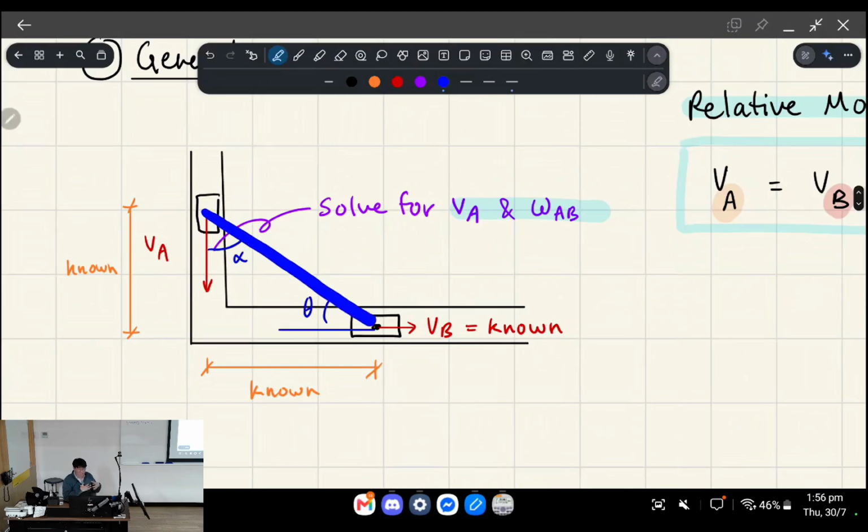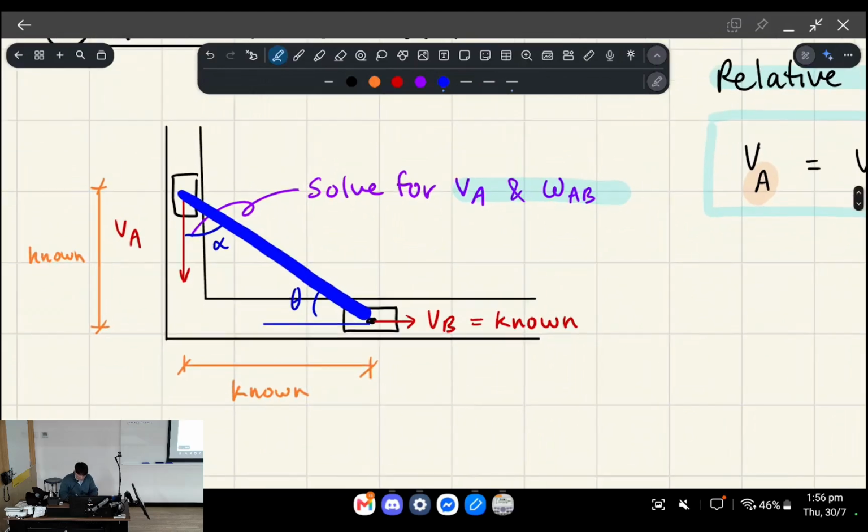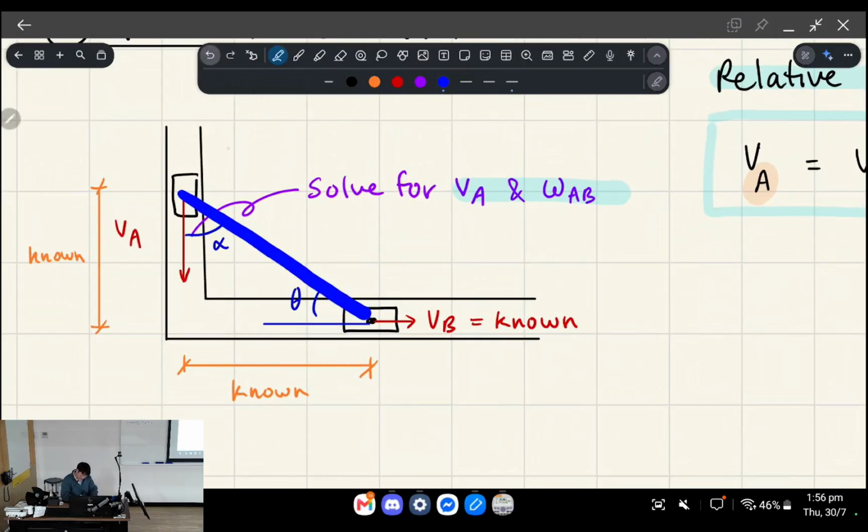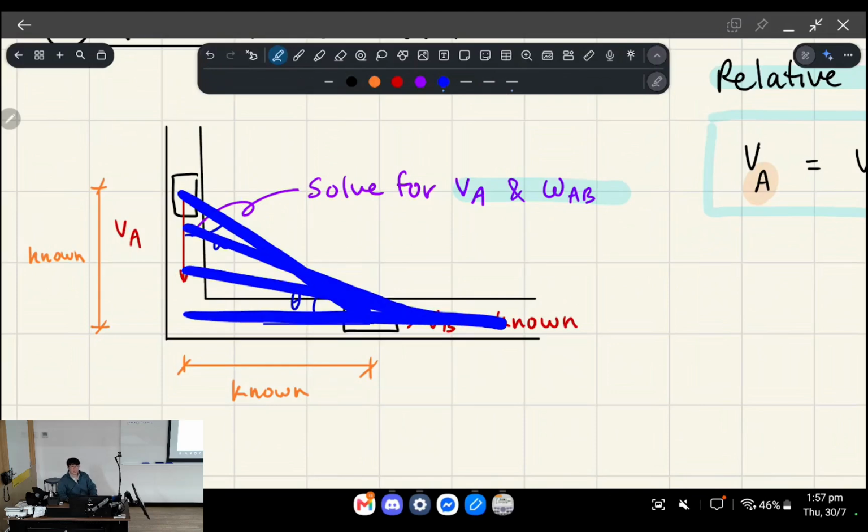This rod has to be fixed, so the distance between these two objects, A and B, which are sliding on these fixed paths, has to stay fixed. So this one's moving to the right and this one's moving down, and the animation over time, through time steps, looks something like this. Does that make sense?